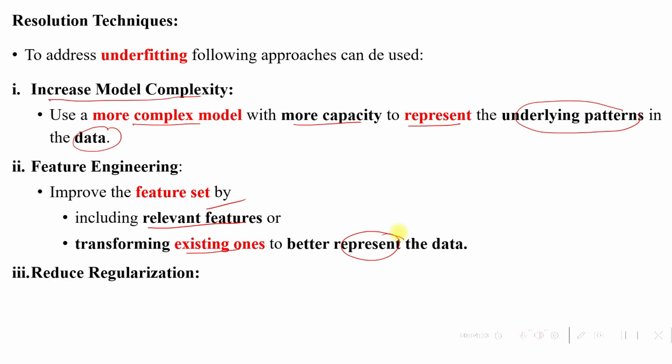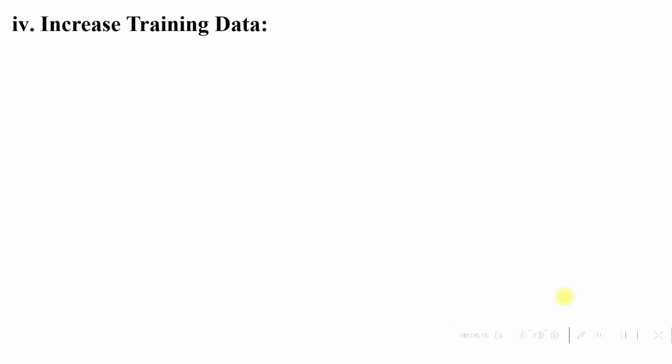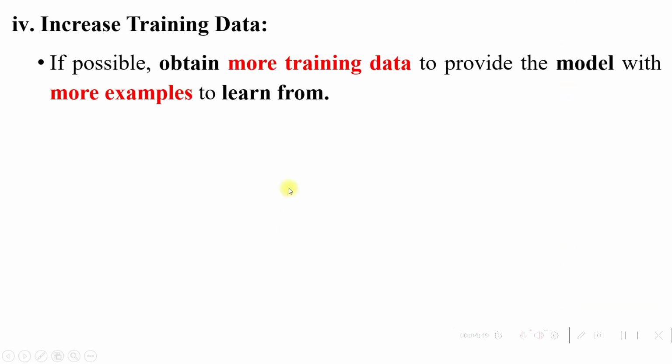Reduce the regularization. If your model is using regularization, then consider reducing its strength or removing it altogether. Increase the training data. If possible, obtain more training data to provide the model with more examples to learn from.